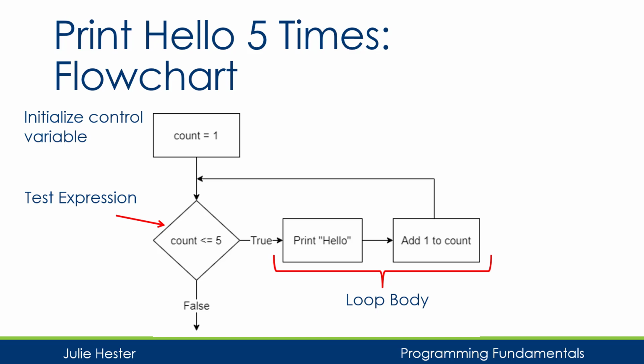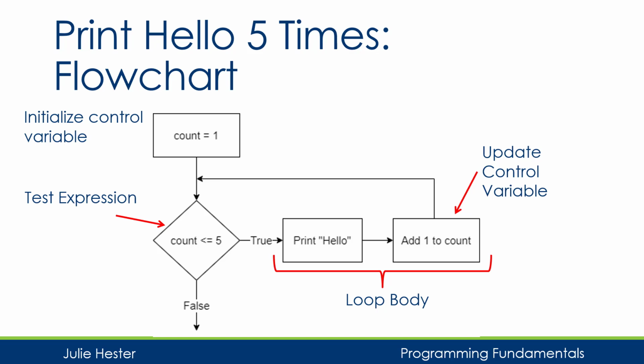If this decision is true, then I'm going to execute the process that says print hello, and I'm going to execute a second process here in this example that's going to update my control variable. I'm using count to see if I want to execute the loop, and so every time I execute this loop, I'm going to add 1 to the value of count.